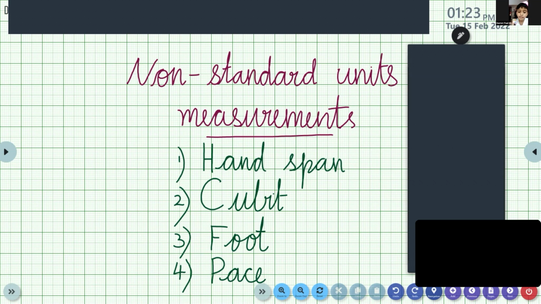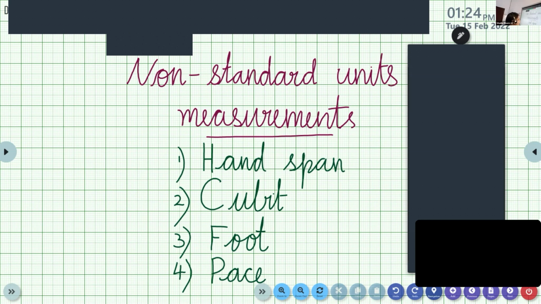Okay, I will ask you. Aldrin completed. Okay. Please be quiet. Aldrin, tell me the spelling of handspan. HANDSPAN. Second one, cubit. CUBIT. The third one, foot. FOOT. Okay.